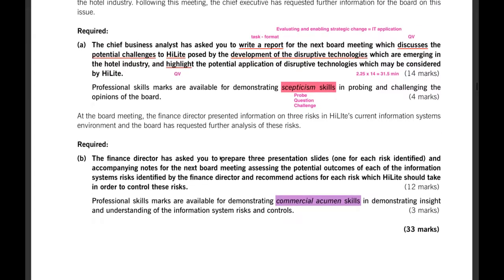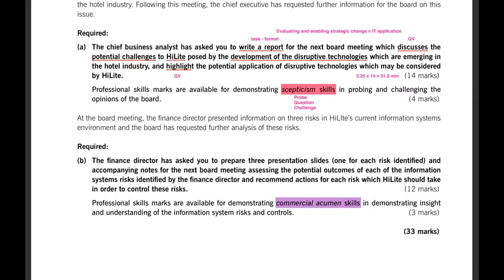And look at the next story. At the board meeting, all right, the finance director presented information on 3 risks in highlight's current information system environment.